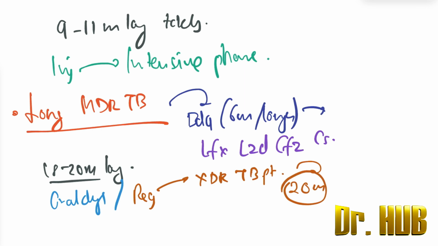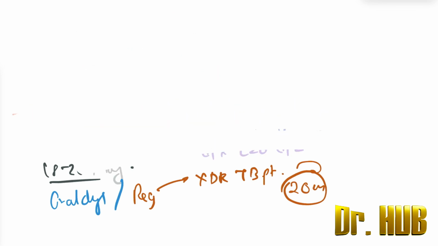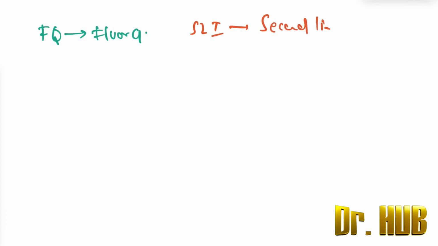Next we will look at the criteria for the patients. But before that, let's look at the short forms we used. FQ is for fluoroquinolone, and SLI means second line injectables. LFX is levofloxacin.